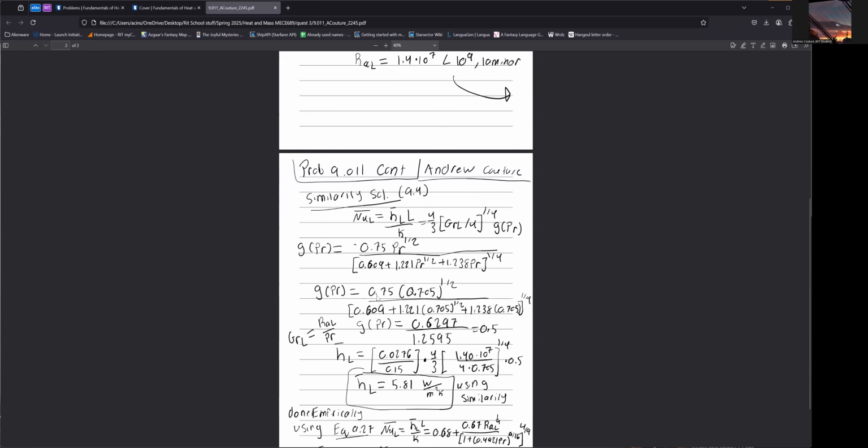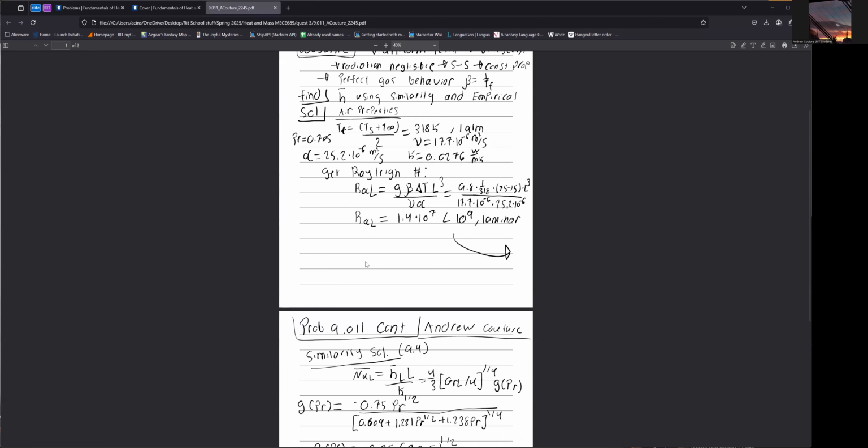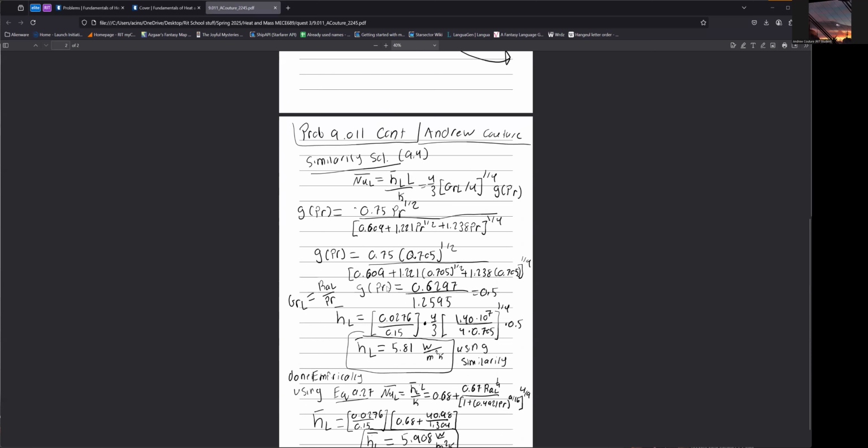Plugging in the Prandtl number from the air properties gives a g(Pr) of 0.5.